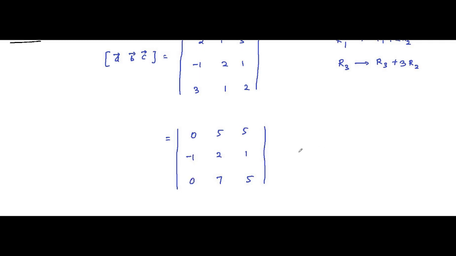So this becomes 0 into whatever we do, it will be 0. When we take the first column, 0, minus 1, 0, then we'll have minus of minus 1, only this one is necessary, minus 1 into (5 into 5 minus 5 into 7), and then again plus 0 into whatever result it is, it will always be 0, so no need to calculate.